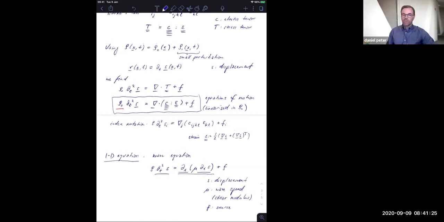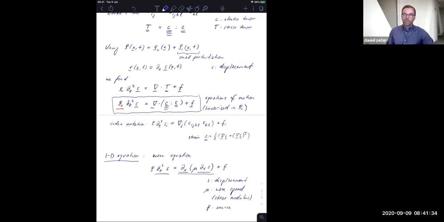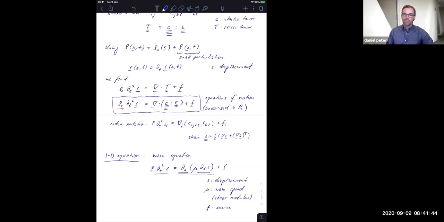Because in principle, density itself would be affected by the wave propagating through a medium. But we assume that these perturbations of the density, caused by the seismic wave that propagates through the medium, are small.